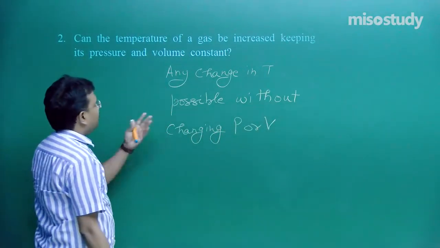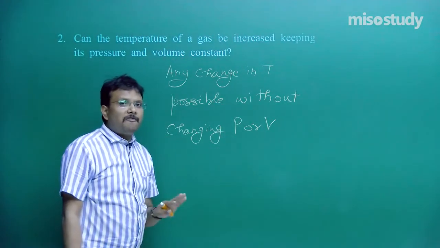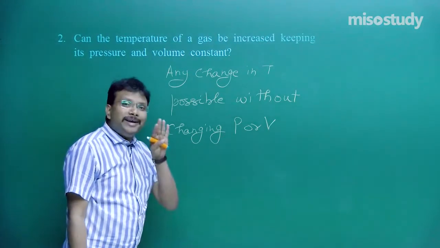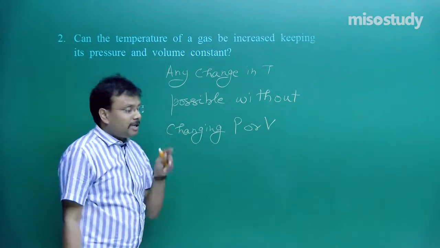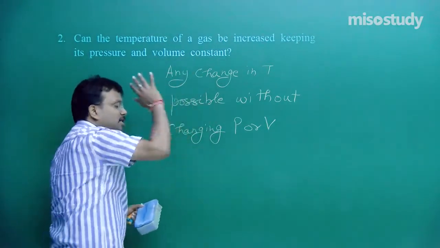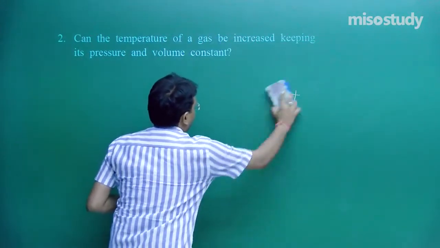It means if we keep the pressure and volume of a gas fixed, is it possible for us to increase or decrease the temperature? This is basically the question. So I restated the question the other way around, and now it's easier for you to understand.